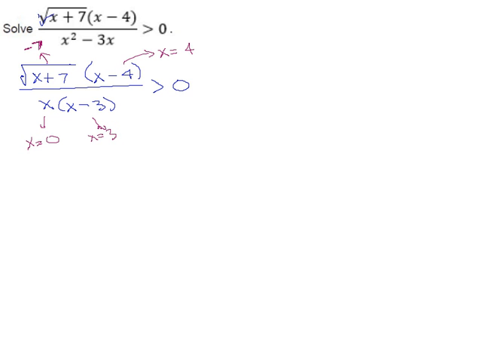So this is going to be a fairly substantial sign table. We've got 4 critical values to worry about, and in order they are -7, 0, 3, and 4. I'll space that out a little better.